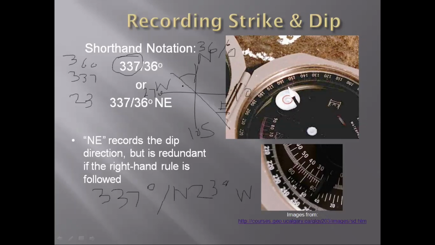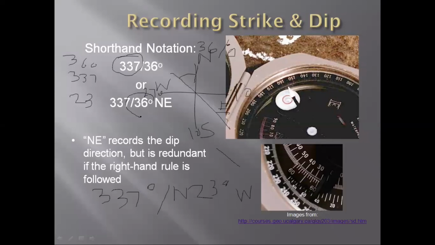Now if you want to give it a symbol, just draw a line that is parallel to the direction of the strike, because we are just doing it as an exercise. So you will just draw this one like this. Okay, and how much is the amount of dip?